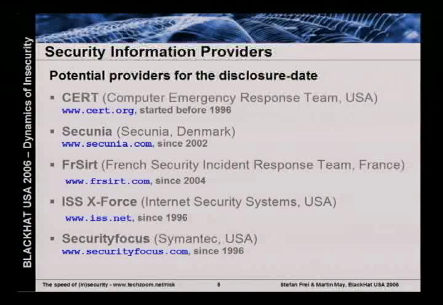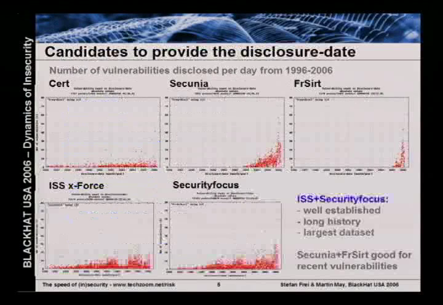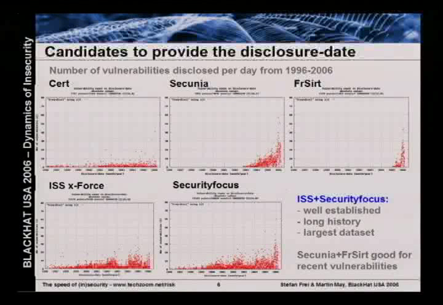First we analyze the data that those five security information providers can give us. In these graphs, horizontally we have the timeline from 96 to 2006, and vertically the number of vulnerabilities disclosed by this entity per day. Vertically the scale goes from 0 to 80.